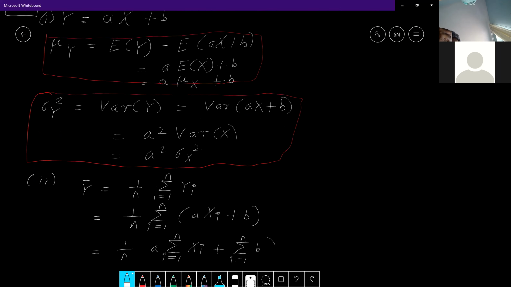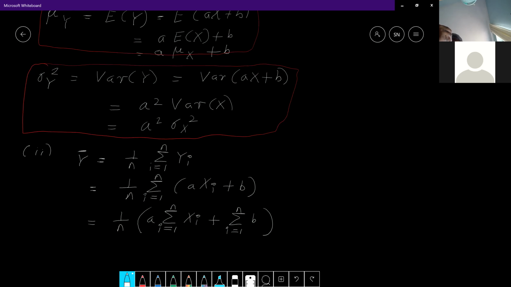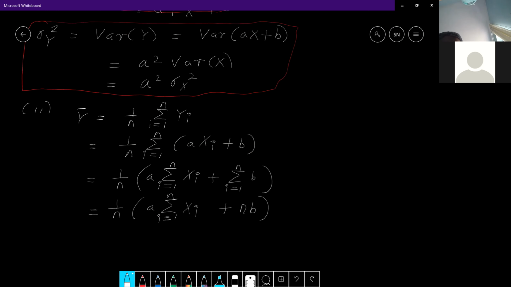Now we know the sum of a constant is n times the constant, so this becomes 1 over n times a times the sum of xi plus n times b. If you divide by n, you get a times 1 over n times the sum of xi, and b divided by n times n is b.